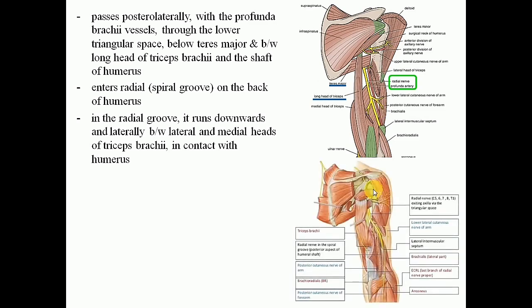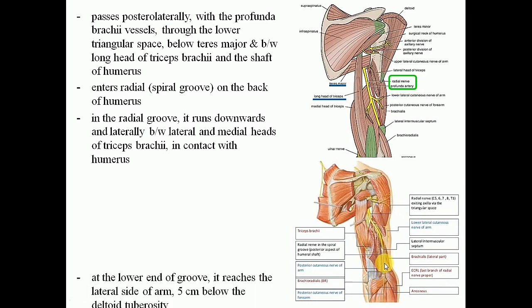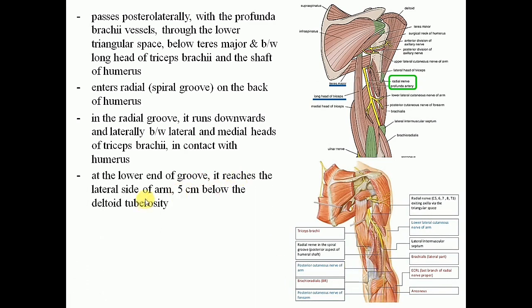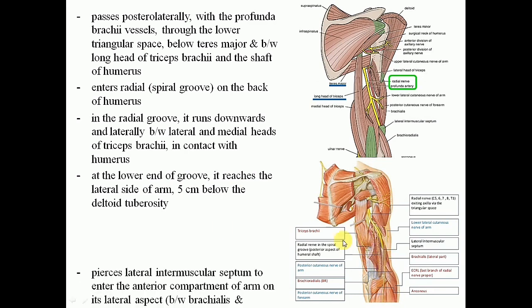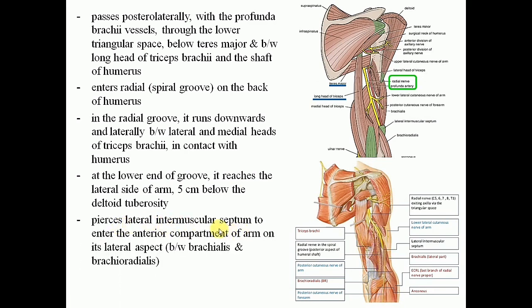Here we can see the same figure, first passing through the lower triangular space and then in the radial groove and then downward and laterally, and at the lower end of the groove it reaches the lateral side of the arm 5 cm below the deltoid tuberosity and pierces the lateral intermuscular septum to enter the anterior compartment of the arm on the lateral aspect, where it can be seen between brachialis and brachioradialis. Then it descends across the lateral epicondyle into the cubital fossa.